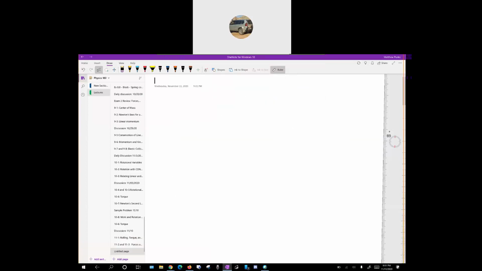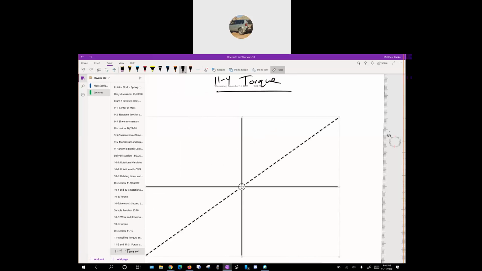All right, let's take a look at torque again. We saw that, let's go ahead and get a good definition of this. Make an axis.